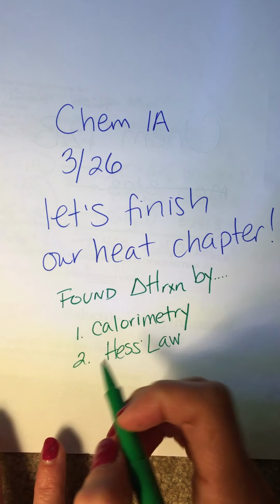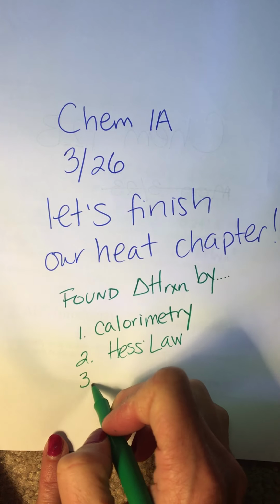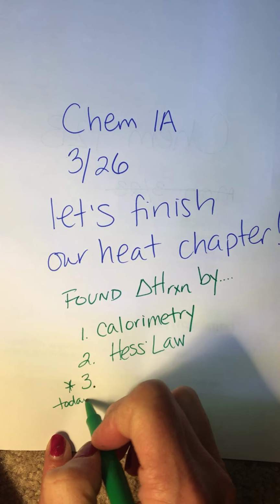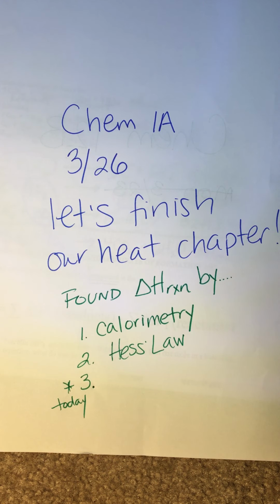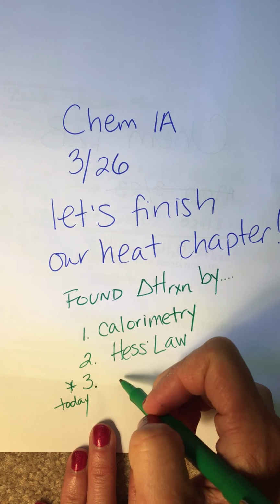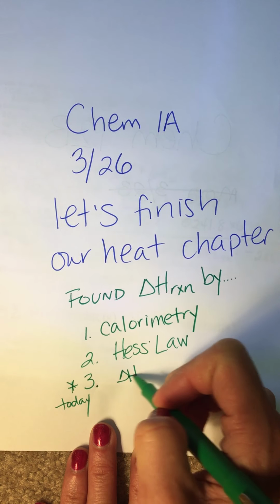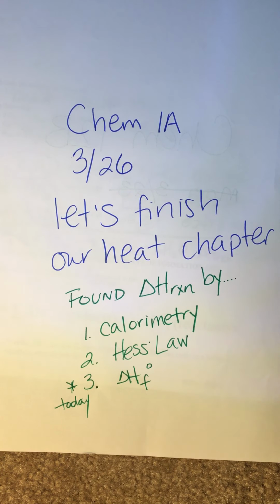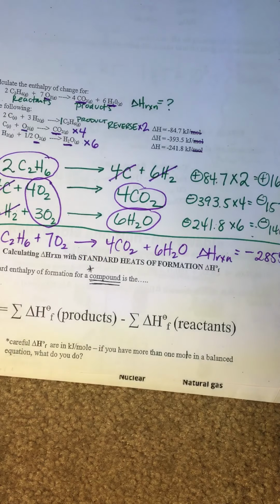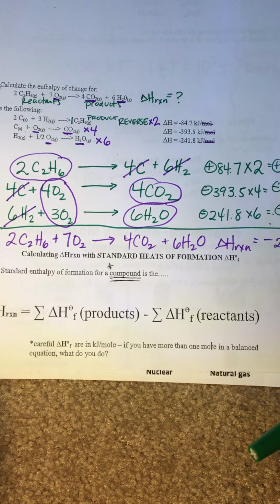And then in today's lecture, we're going to finally find the heat of a reaction using standard heats of formation. Okay, so let's do that in our packet that you guys should all have.